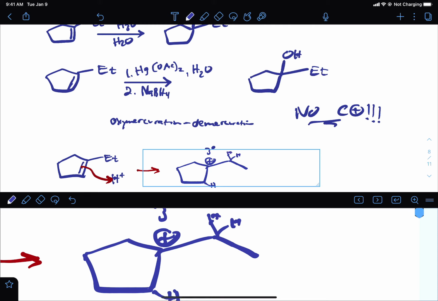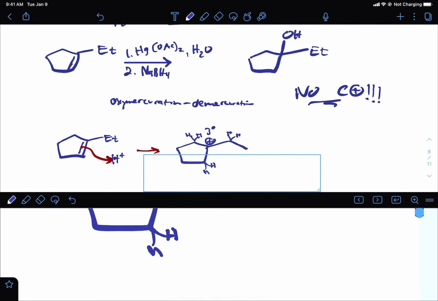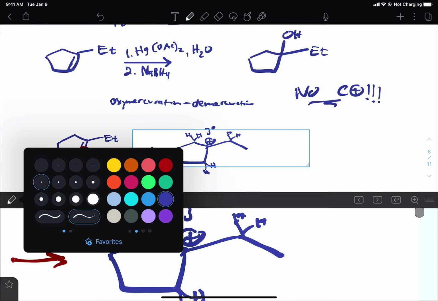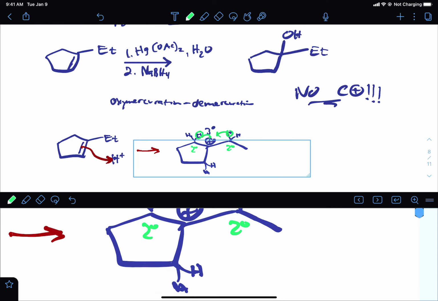The ring carbon next to it over here has 2 hydrogens, and the ring carbon down here has 2 hydrogens. So imagine if one of these H's moved over, we'd end up with a secondary over there. If one of these H's moved over, we'd end up with a secondary.